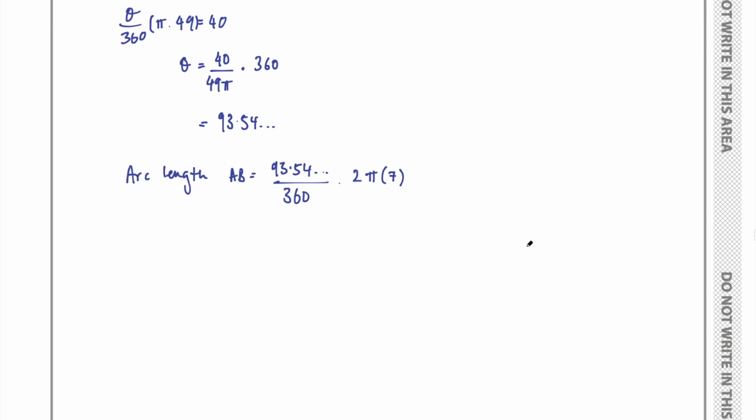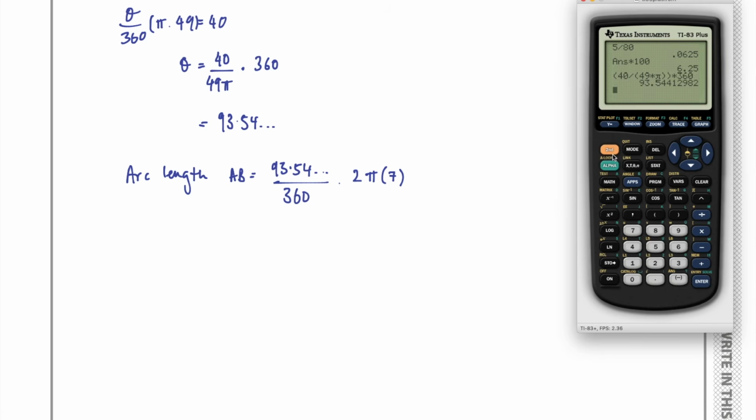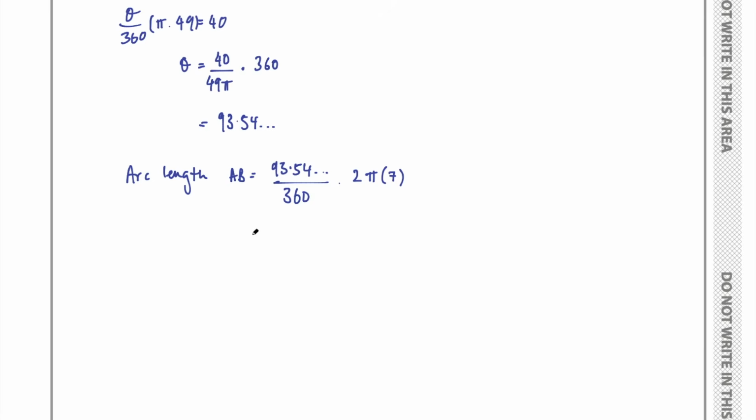Anyways, to find the arc length, we're going to do this calculation on our calculators again. So take that answer, divide it by 360, and then multiply that by 2 pi times 7. And I get 11.428 and so on.